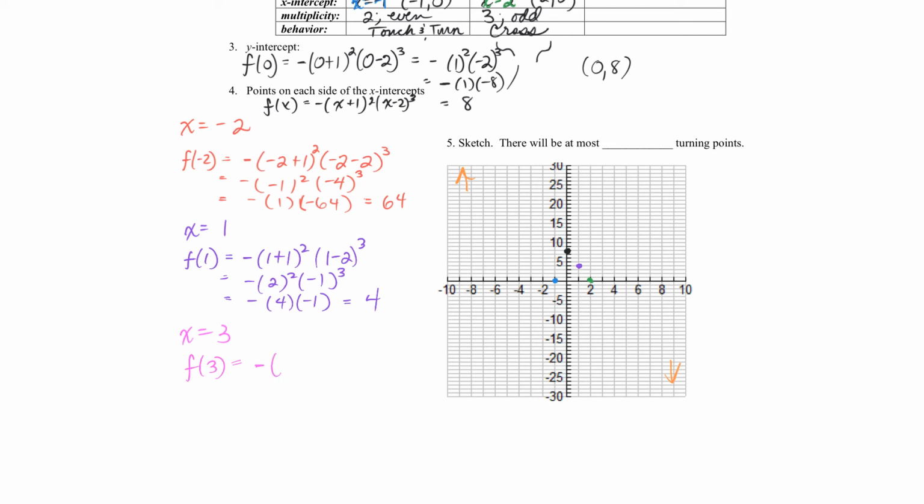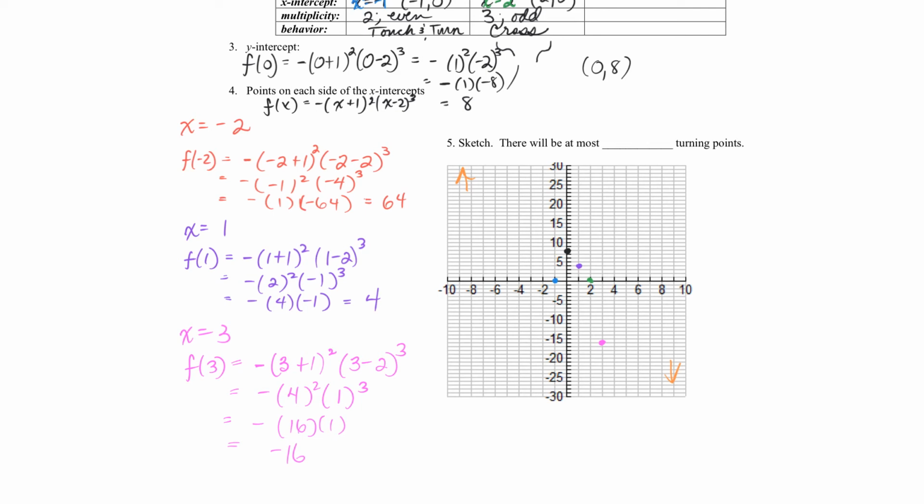It's the opposite of (3 plus 1) squared times (3 minus 2) cubed. It's the opposite of 4 squared times 1 cubed. So it's the opposite of 16 times 1, which is negative 16. So I could plot this one as well. (3, negative 16). It's right there.